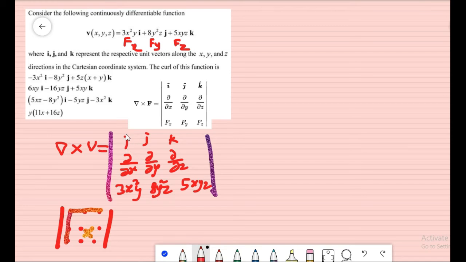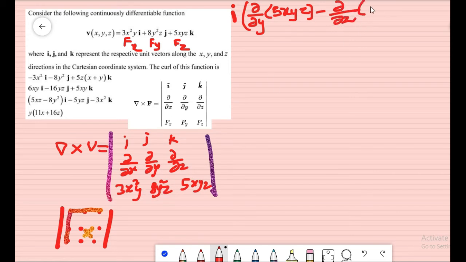Here I am on the first term, that is i term. So for the i term, we have to take dou by dou y of 5xyz minus dou by dou z of 8y square z.